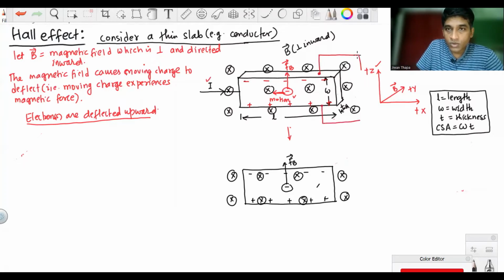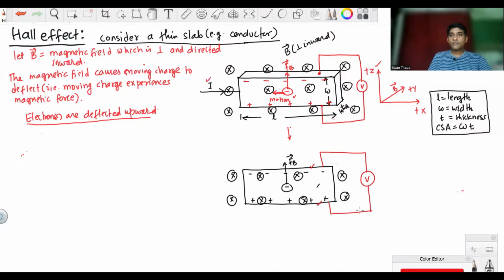So we can measure the potential difference between these two faces. Clear? And this potential difference is called Hall voltage.